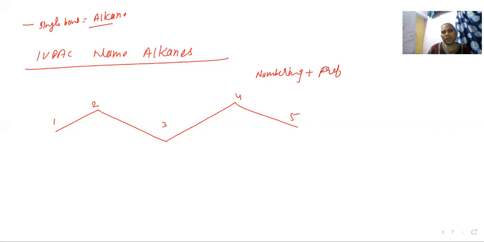Then we go to the prefix, then the word root, then the primary suffix, then the secondary suffix. There is no prefix here, no F, Cl, Br, I, nothing.